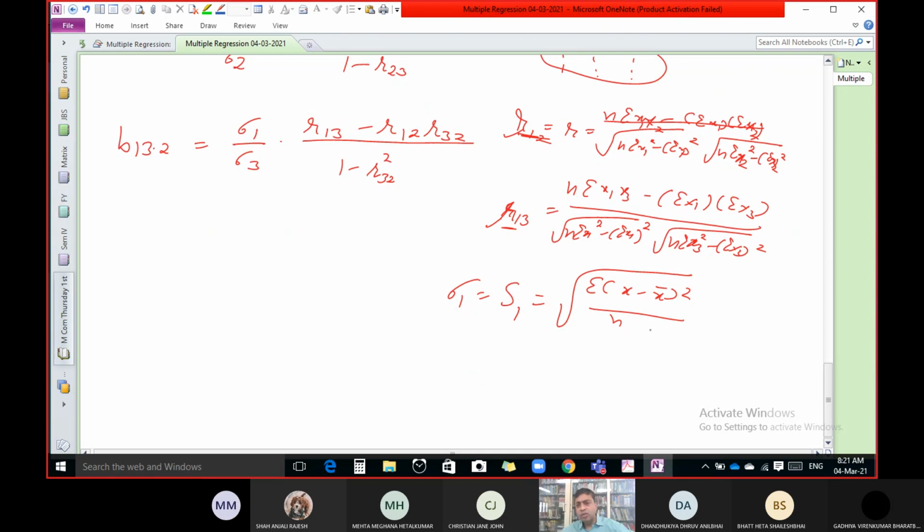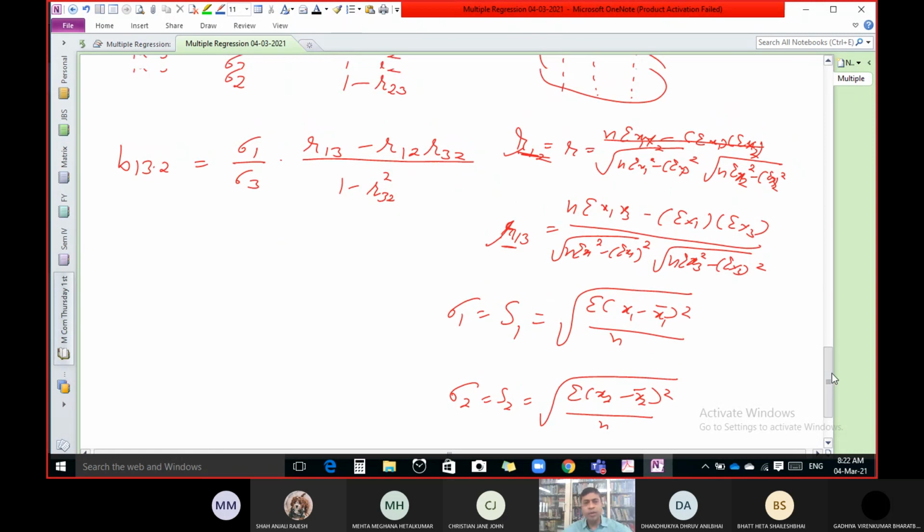The formula is square root of sigma x2 minus x2 bar the whole square upon n, because here the number of observations remains the same. In that way you can calculate B13.2 or B23.1.